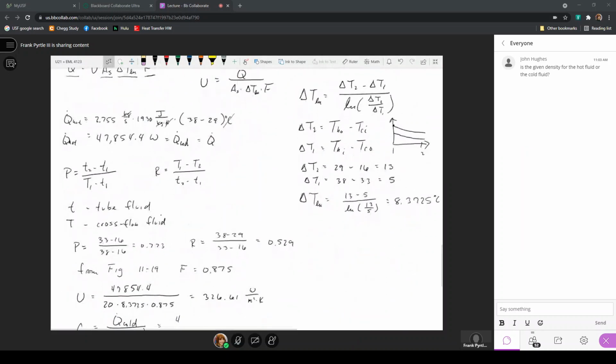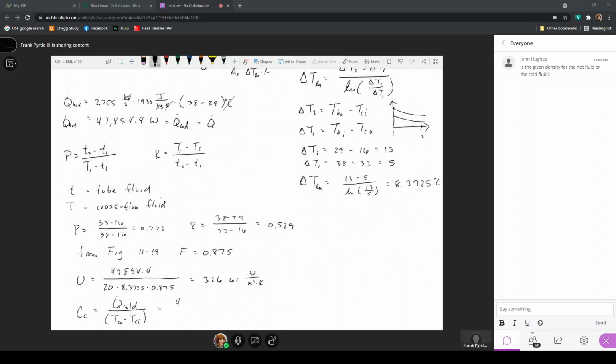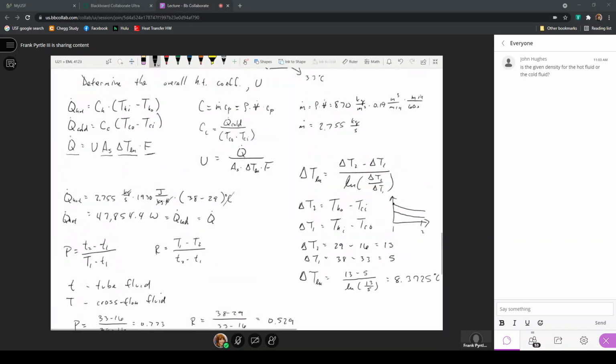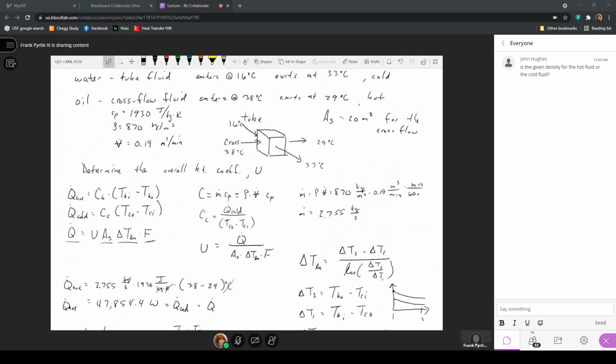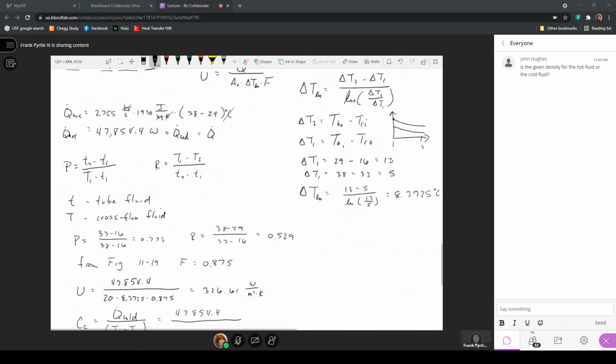So if we want to calculate the capacity rate of the cold fluid, it's the same heat transfer rate that was out of the hot fluid, 47,854.4 watts, divided by the cold outlet temperature, the one that increased in temperature, so 33 minus 16.